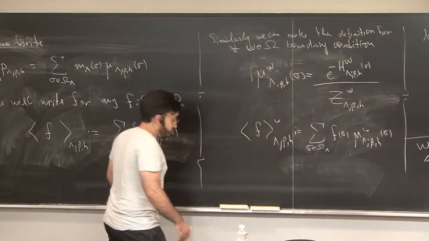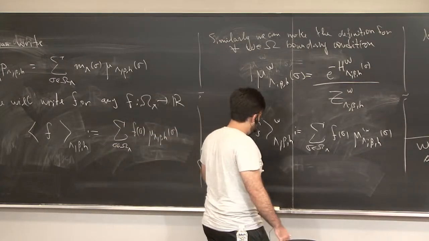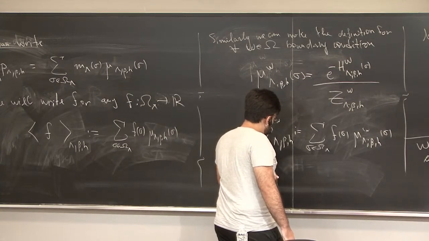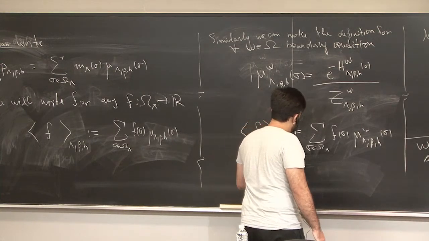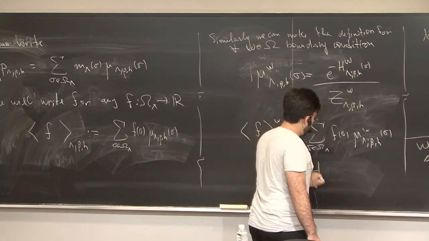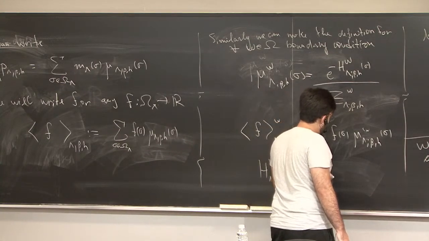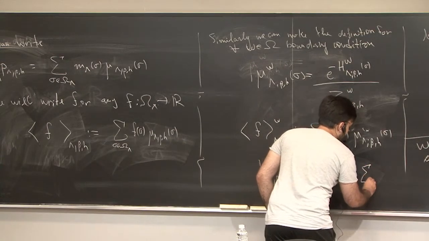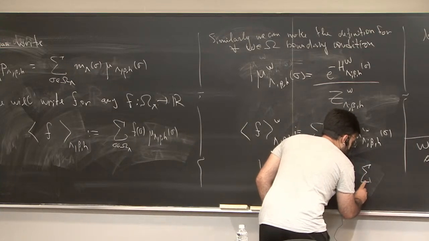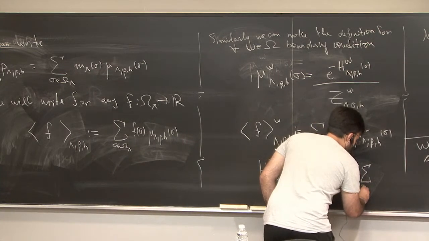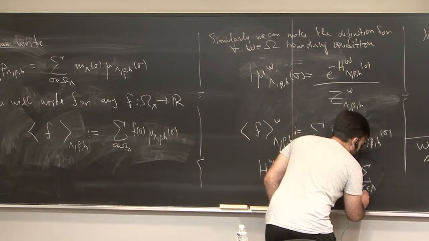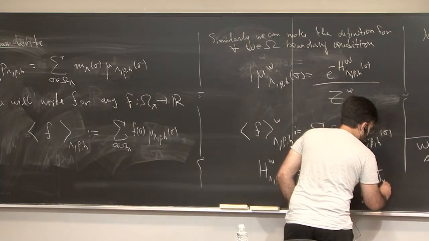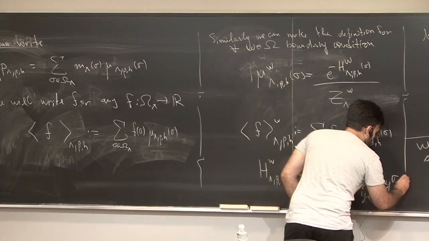And just for you to remember, the Hamiltonian with a boundary condition is introduced in the following manner. You take the empty boundary condition Hamiltonian, and you add a term that depends on x inside lambda, y outside lambda, J_xy sigma_x.